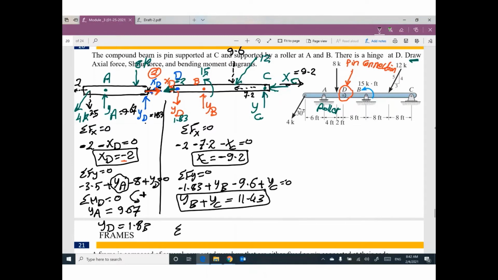I'm gonna take moment at C equals 0, assume this direction is positive. Taking a moment at C will cancel this one and this one. The only unknown you have will be YB, I believe.